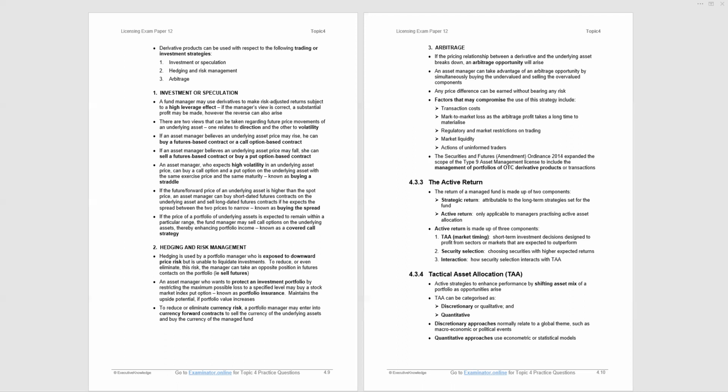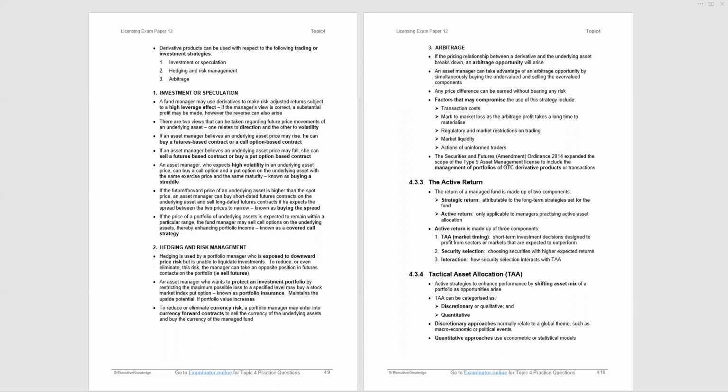Okay, so three trading or investment strategies with regard to derivatives: investment speculation, hedging and risk management, arbitrage. Be aware of them, some of the detail, do the practice questions, but it's unlikely that in Paper 12 they will go into as much detail as has been listed there.